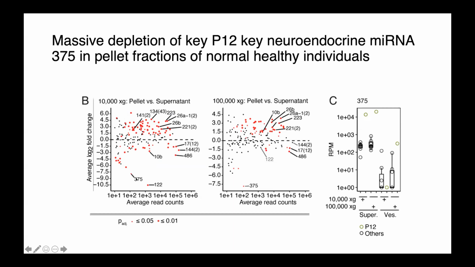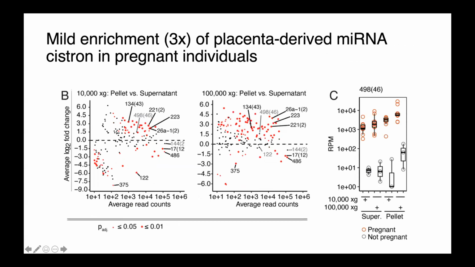And especially, for example, the neuroendocrine microRNA 375 is highly depleted both in the 10,000 G fraction of microvesicles as well as in the 100,000 G fraction, which are the nanovesicles, including exosomes. When it comes to pregnancy, where we did a similar analysis, we observed that the placenta-specific cluster was only threefold enriched in both pellet fractions, as shown by this box plot here. However, after doing multiple measurement corrections, these differences actually become insignificant.